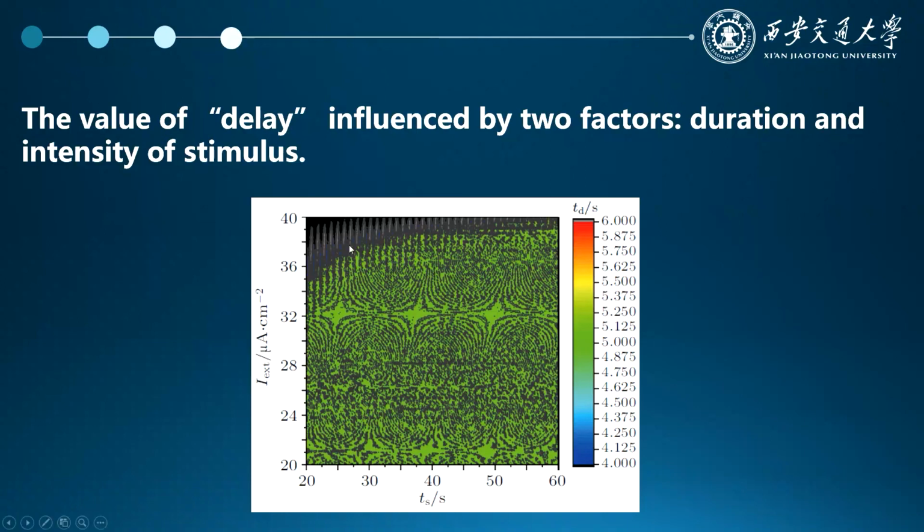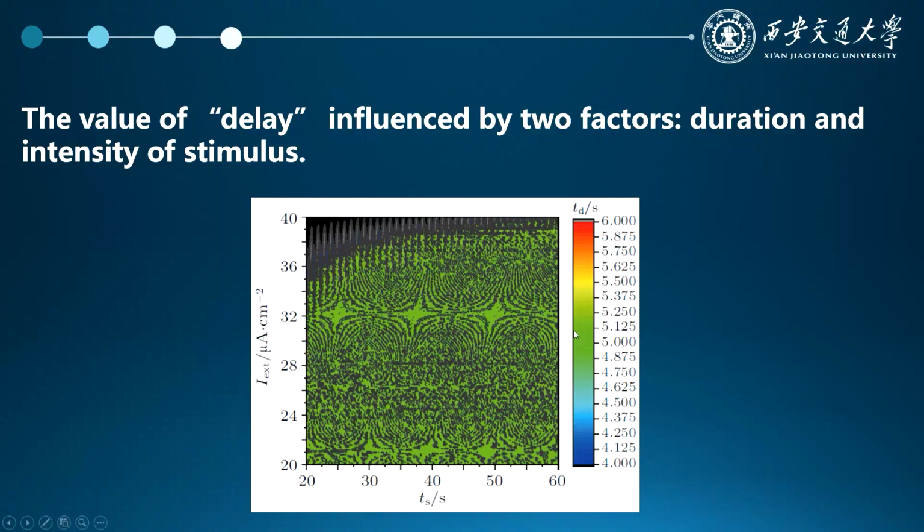The gray and black areas indicate values of delay outside of the range shown on the right. Special intervals are chosen for clear observation in the upper left corner. The value of delay is outside of the range. The largest value of delay in this area is about 17 seconds, and the smallest value is 0. Here we can see the delay is influenced sensitively by the two factors.